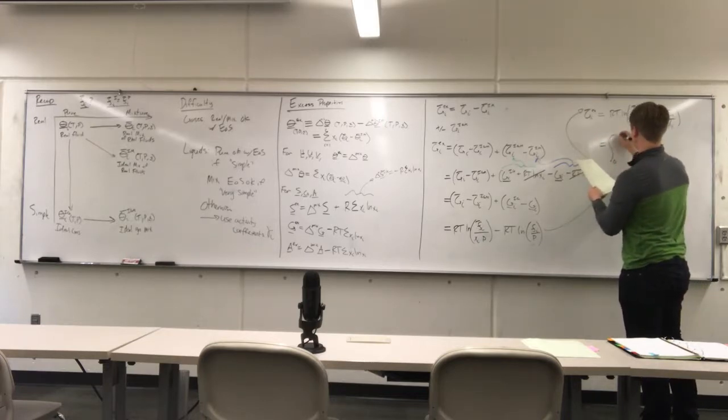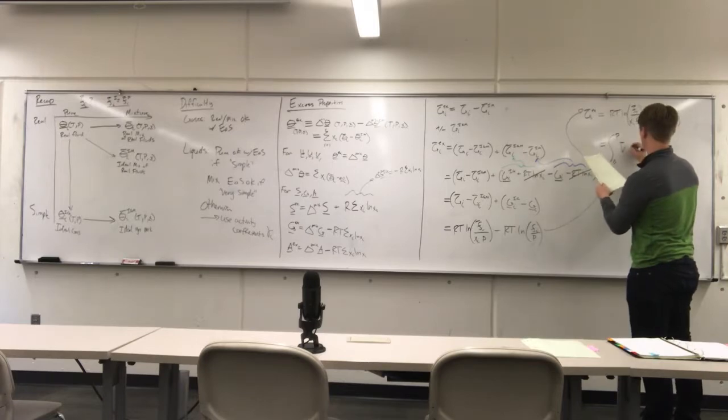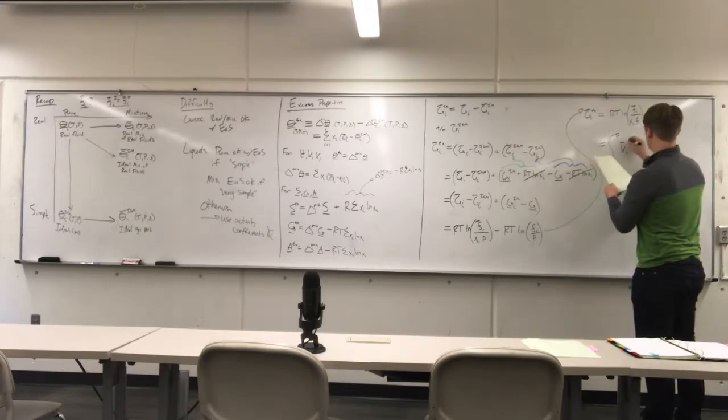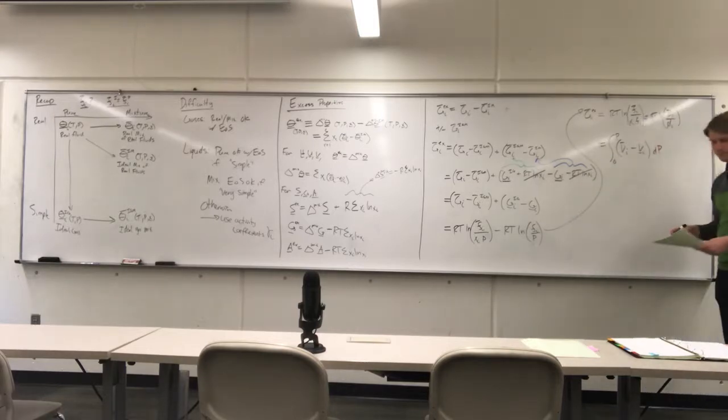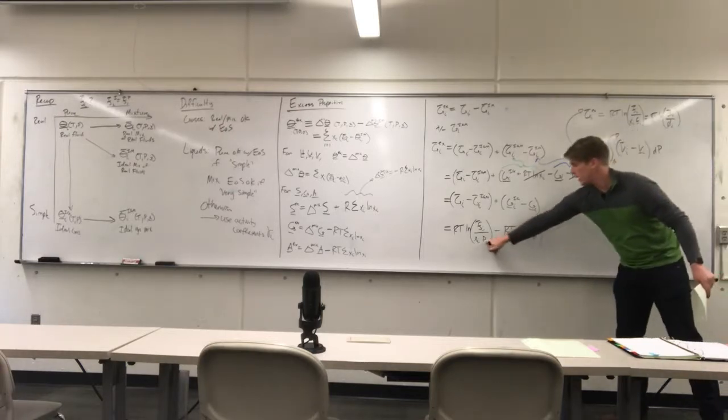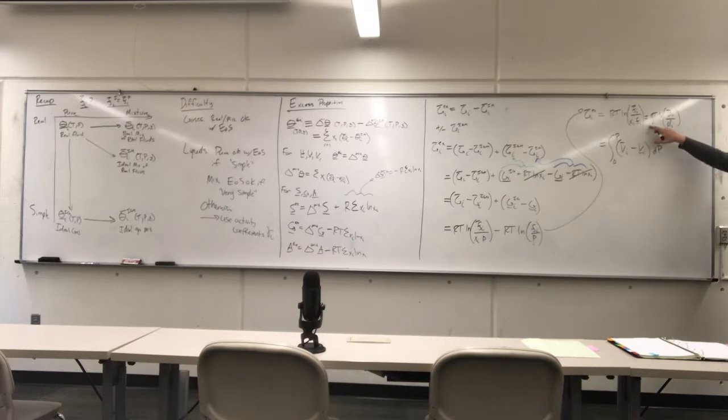And there's so many different ways we can write these things out. I'm giving a few of them here. All right. So these pressures end up canceling out using logarithm properties.